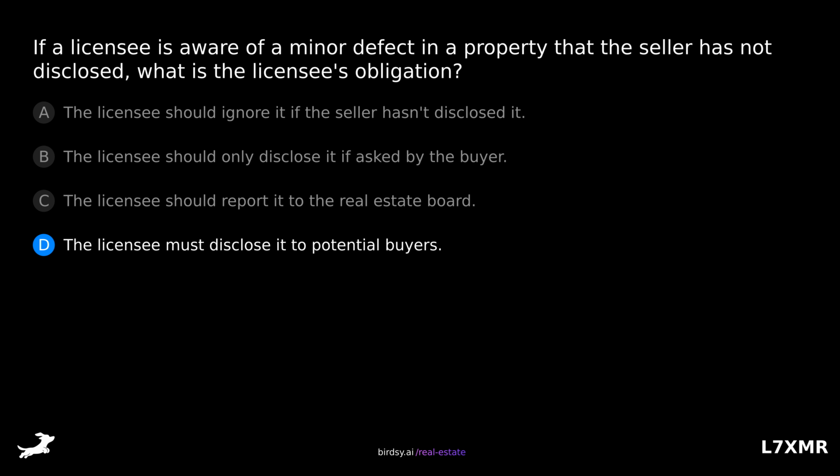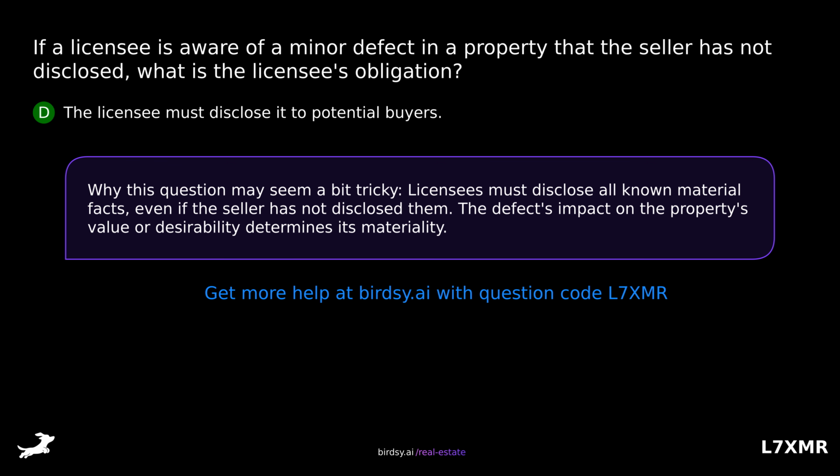Or D, a licensee must disclose it to potential buyers? The answer is D, the licensee must disclose it to potential buyers. Why this question may seem a bit tricky: licensees must disclose all known material facts, even if the seller has not disclosed them. The defect's impact on the property's value or desirability determines its materiality.